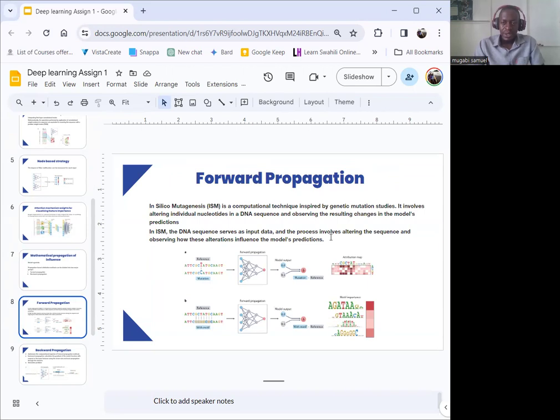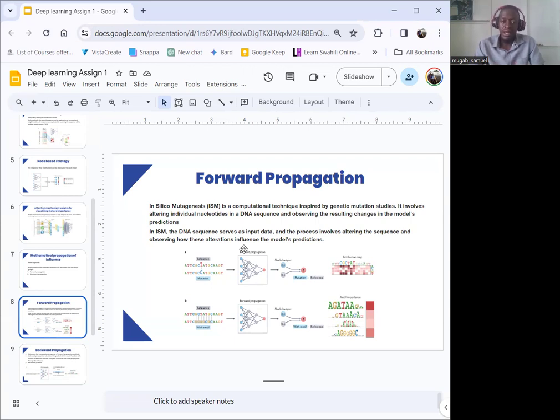Now, looking at forward propagation, the main highlight that I picked out from the paper was in silico mutagenesis, ISM, that I told you we will be explaining here. It's a computational technique that involves altering individual nucleotides in the DNA sequence and observing the resulting change. They keep varying these individual nucleotides while observing and taking note of the predictions.